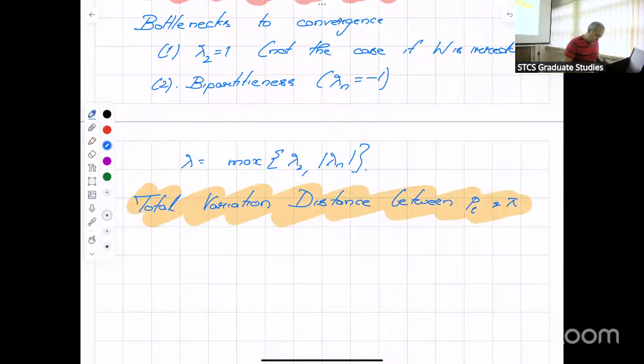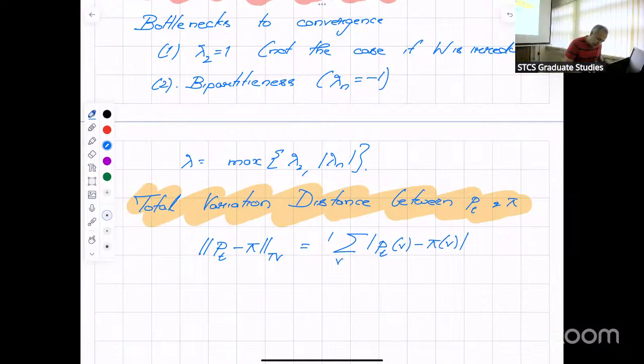What do I mean by total variation distance? Pi is the stationary distribution, p_t is a probability distribution. This is just half of the summation over v of |p_t(v) minus pi(v)|. That's the total variation distance.